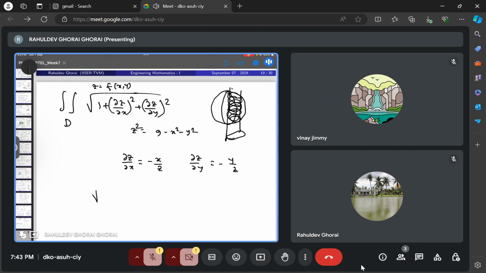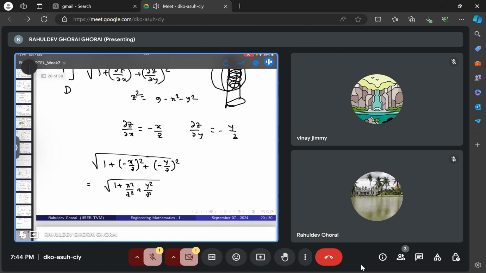So you put here 1 plus (minus x over z) whole square plus (minus y over z) whole square, which will be nothing but the square root of 1 plus x square over z square plus y square over z square, right?